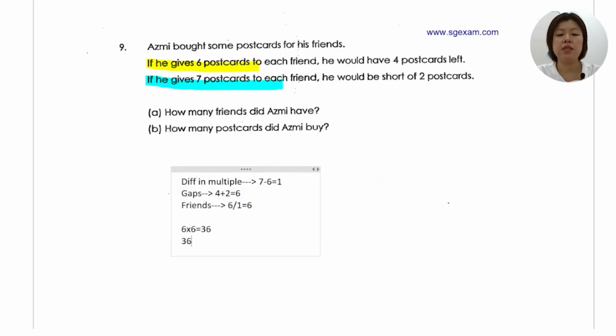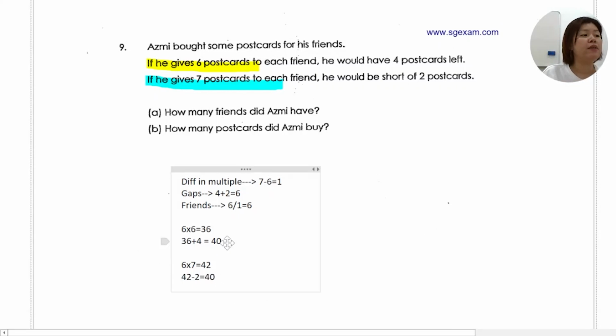It will be 36 plus 4, which equals to 40. Okay, to double check, if I take the second scenario, it will be 6 friends also. So it is 6 times 7 equals to 42. But I'm short of 2. So I need 42, but I'm short of 2, so 42 minus 2 still gives us 40. Okay, so both methods will allow you to get the final answer.